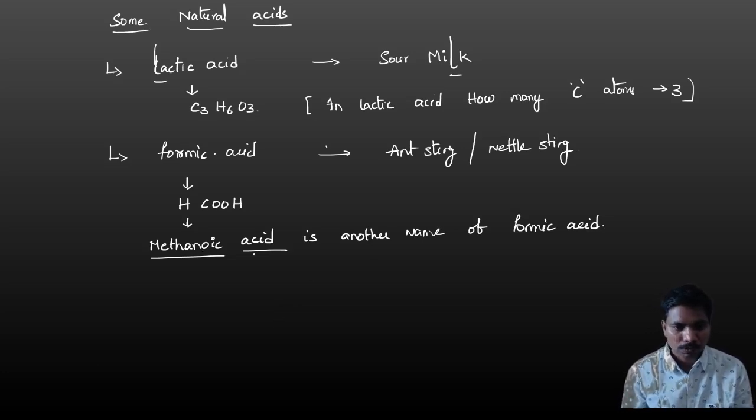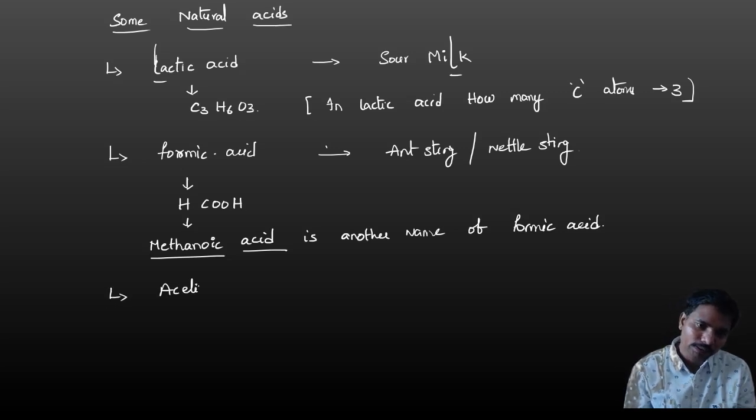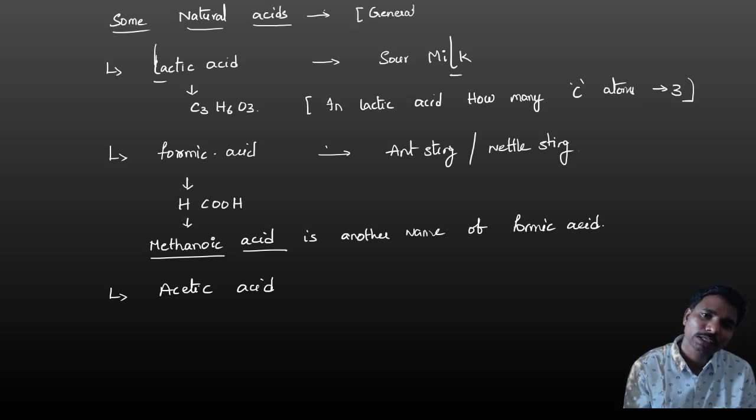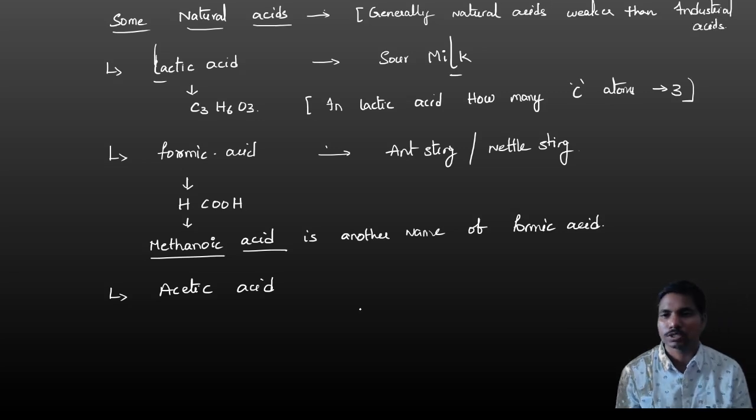Now coming to the next one, acetic acid. Generally, these natural acids are weaker than industrial acids like H2SO4, HCl, HNO3.